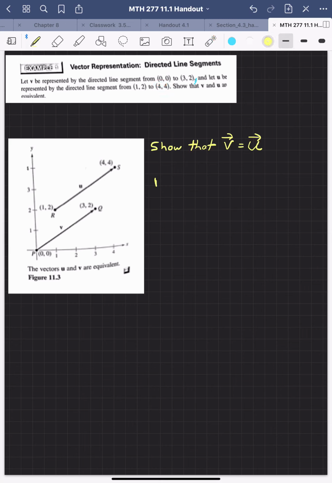We're saying let vector V. Now, in your textbooks, it's often common to use a bold when you're writing a vector. I will instead use a little arrow over the letter so that it can be seen clearer. But nevertheless, we're saying let V be represented by the directed line segment from 0, 0 to 3, 2.